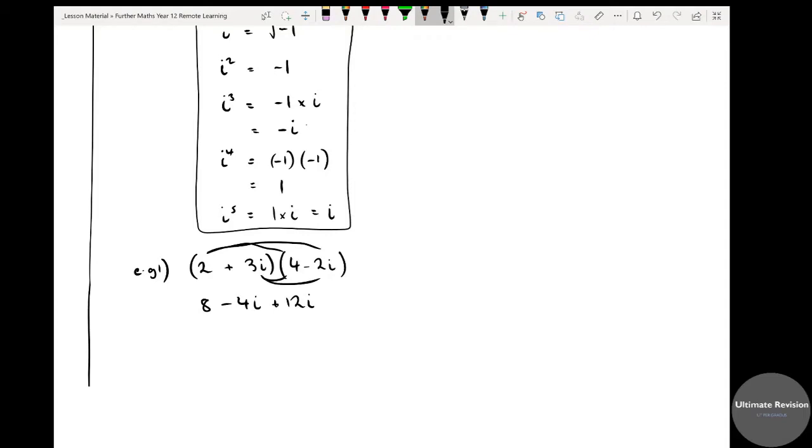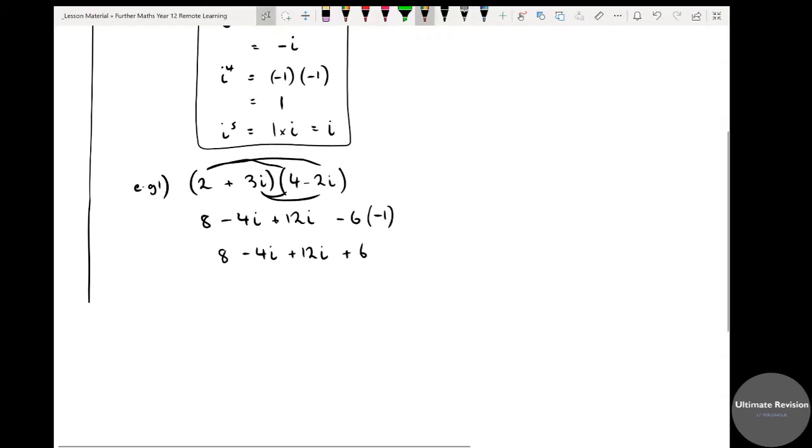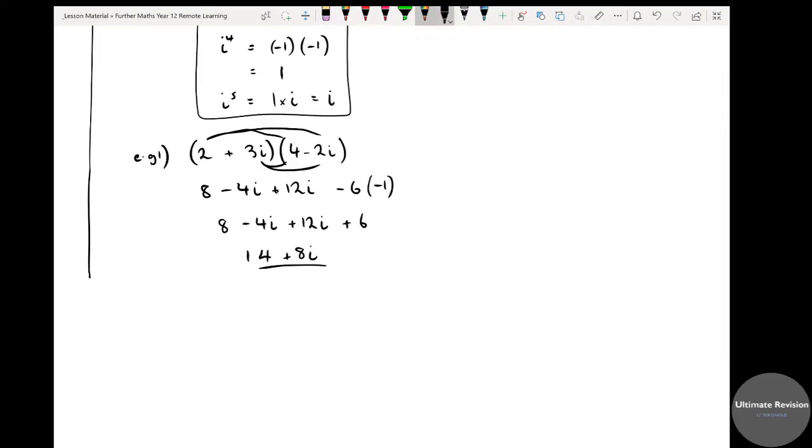Here we've just got to be a little bit careful with our negatives. We've definitely got minus 6, and then we've got i squared, so that would be minus 6 times minus 1. We end up with 8 minus 4i plus 12i plus 6, and then that's 14 plus 8i. That would be our answer if we were to multiply it out and simplify it.